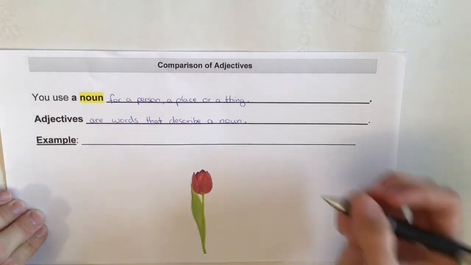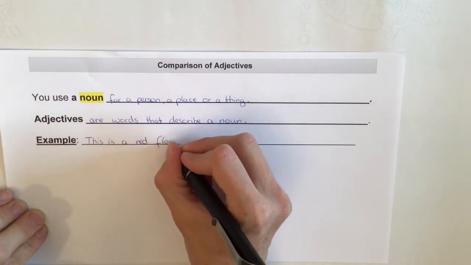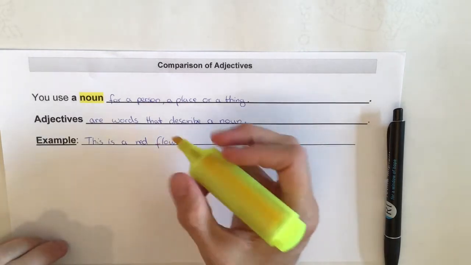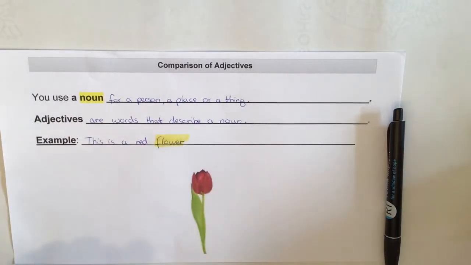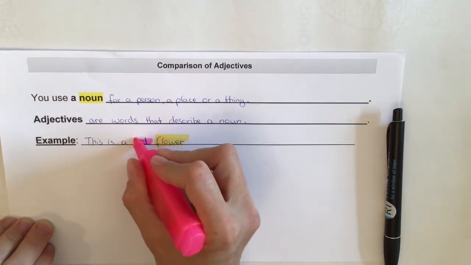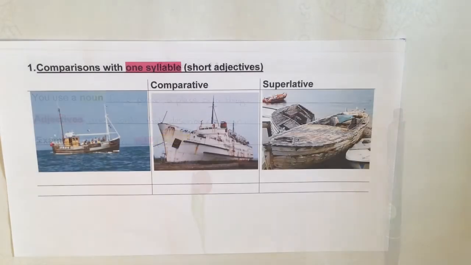So, for example, this is a red flower. So the noun is our flower, and we do have the adjective, and the adjective is red, so we have a red flower.